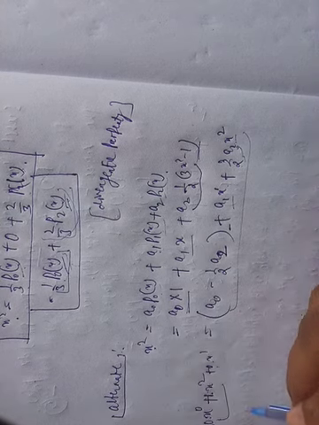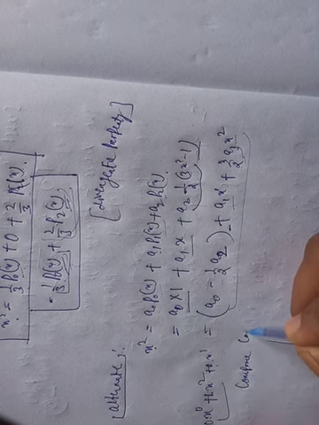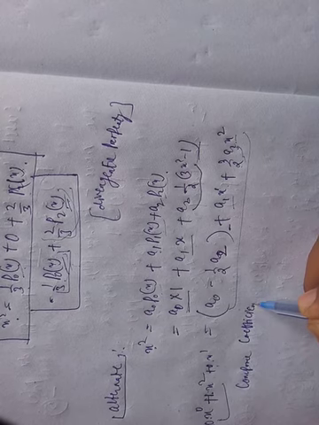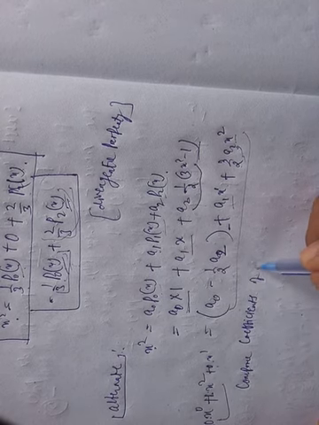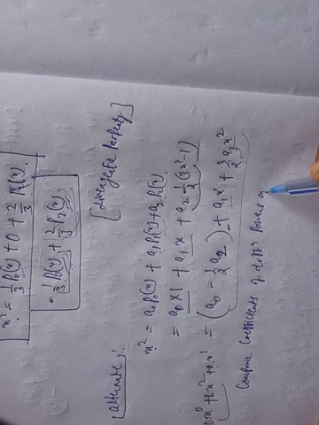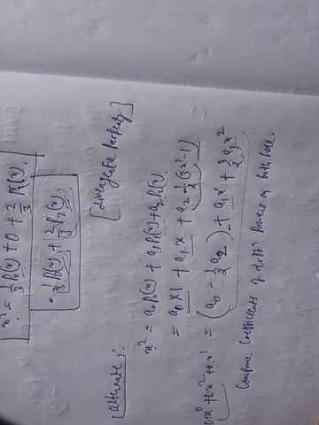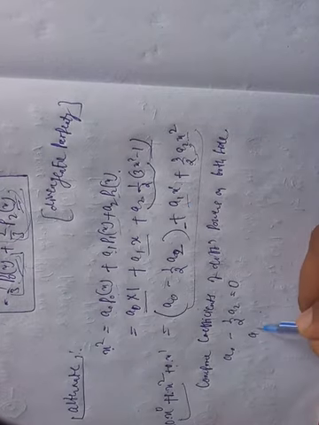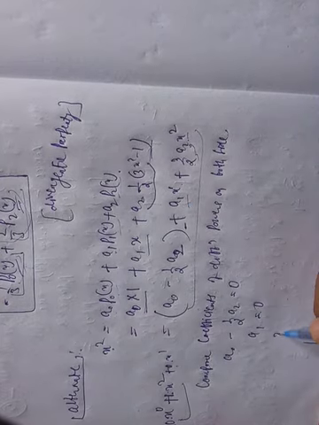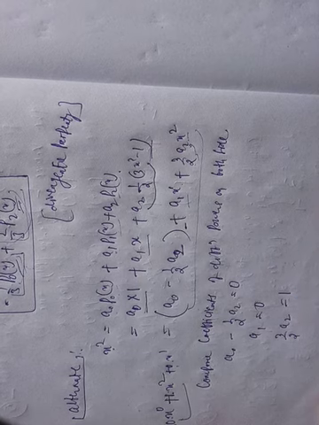So we compare coefficients of different powers on both sides. What will we get? a0 minus half a2 is equal to 0, a1 is equal to 0, but 3 by 2 a2 is equal to 1.